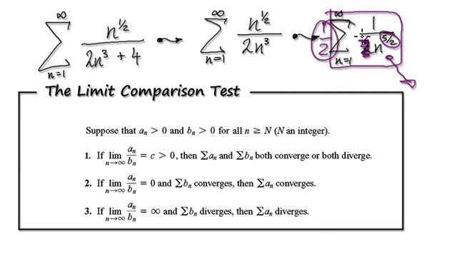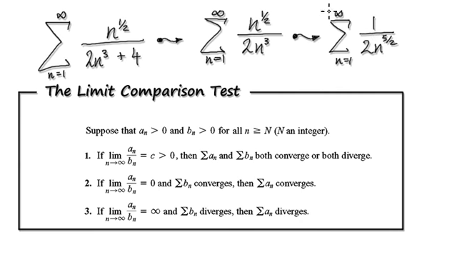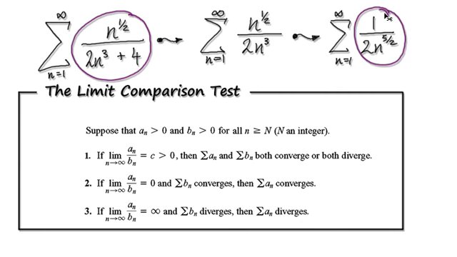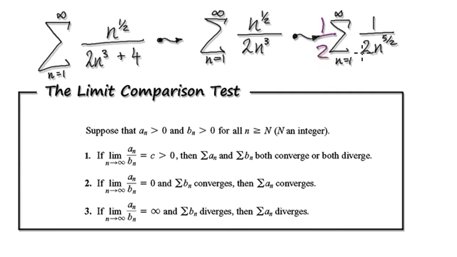But we can push this half into here. You could alternatively just compare it to 1 over n to the power of 5 over 2. But you could also push it in here and then compare it to this.